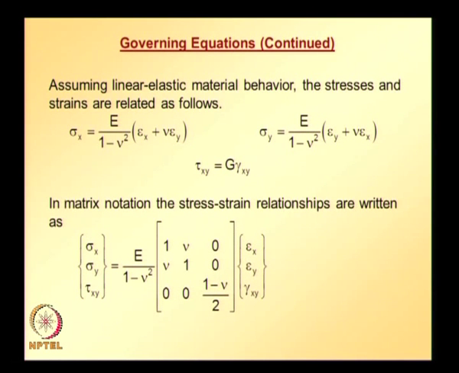So, when we write these three equations in a matrix form, it looks like this, or it can be compactly written as sigma is equal to C subscript sigma epsilon.